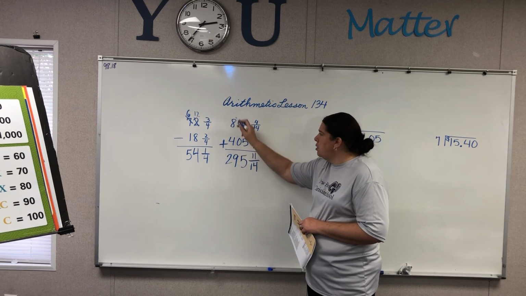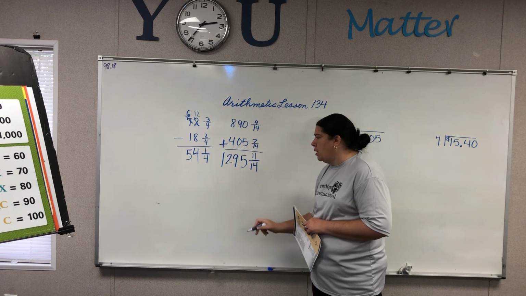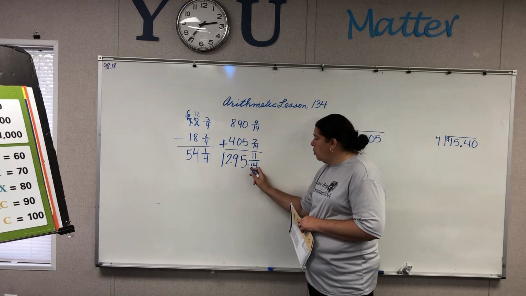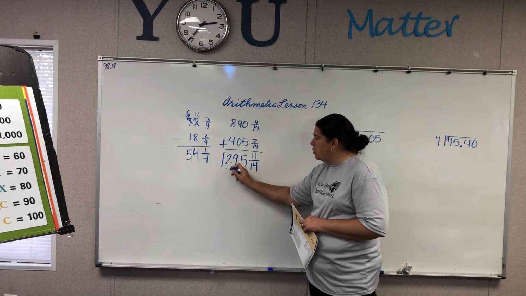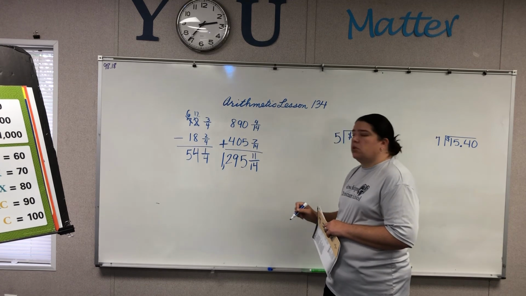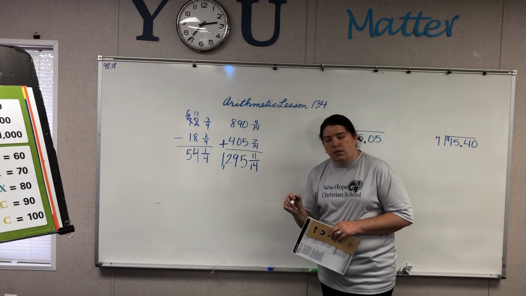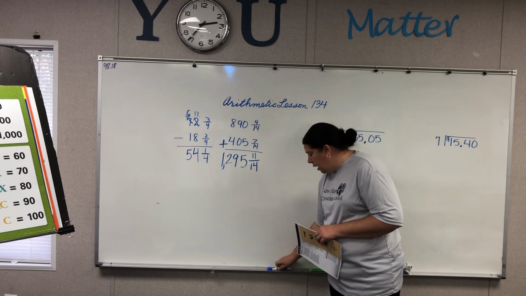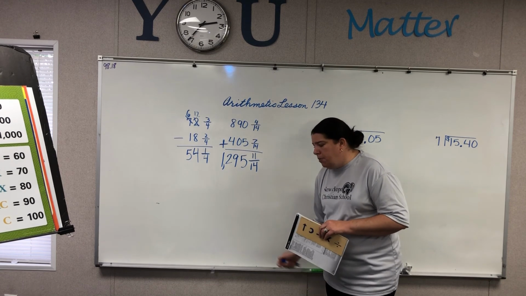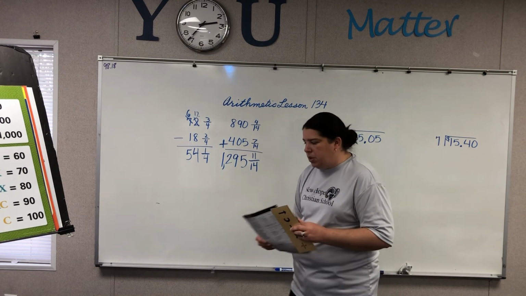Put down the 2. There's nowhere to carry, so put down the 1. Remember, we need our comma. Ones, tens, hundreds, comma. So it's 1,295 and 11/14.